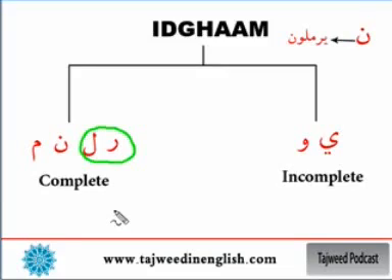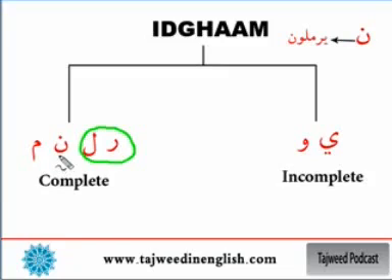So the insertion will be there, the idgham will be there, and it's also called complete idgham because of the insertion in the next letter and the disappearance of the previous noon, but the other noon and the other meme has also a ghunna.